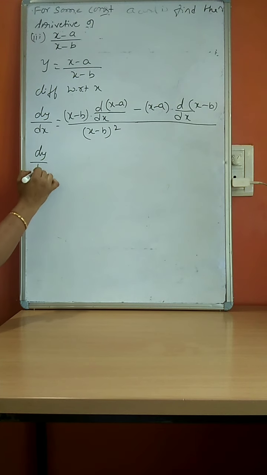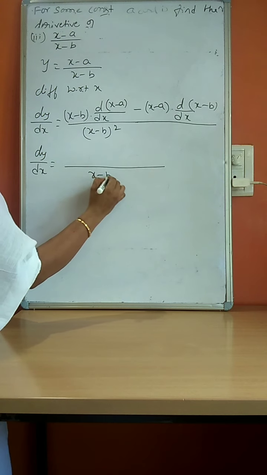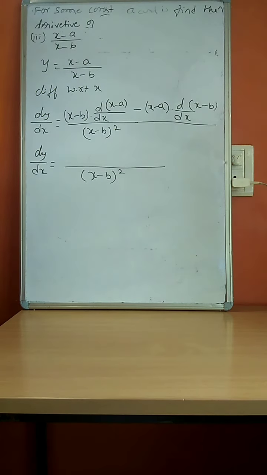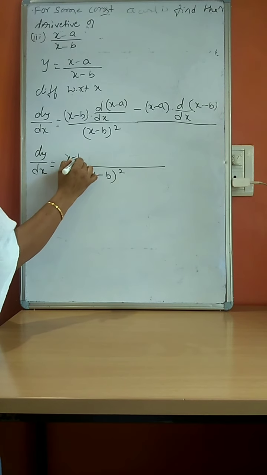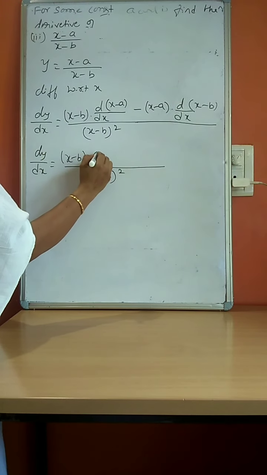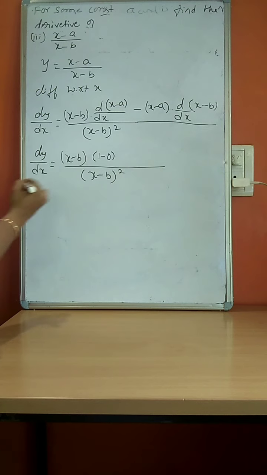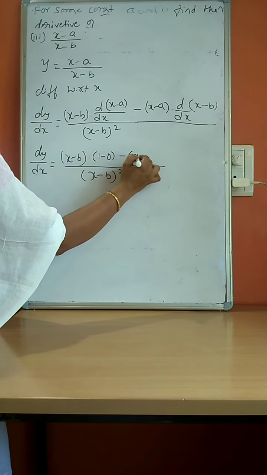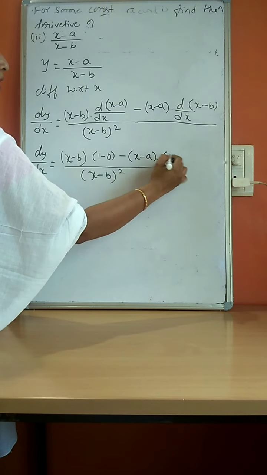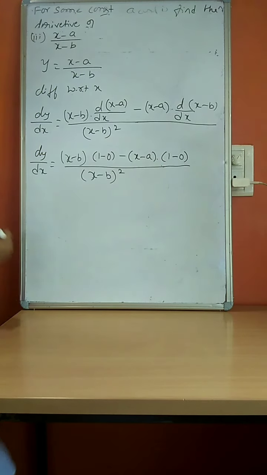Therefore, dy by dx is equal to x minus b whole square, x minus b into differentiation of x, which is 1, minus differentiation of a is 0, minus x minus a into differentiation of x is 1, minus differentiation of b is 0.